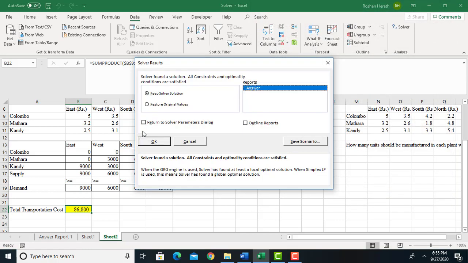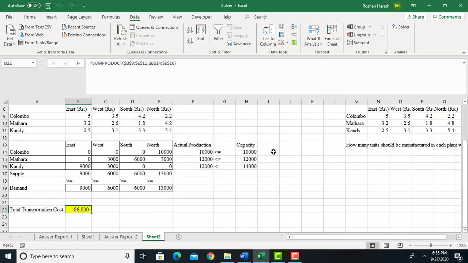Then also take the answer. Say okay. See what has happened. Eventually your production has become equal to the capacity in most of the circumstances, and even below that when it comes to Kandy, and you have fulfilled the demand as well.